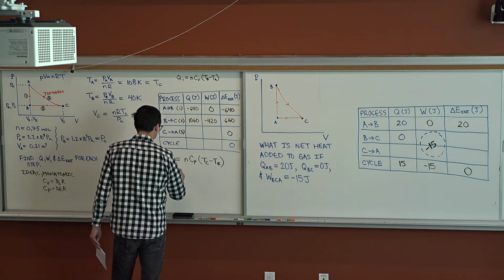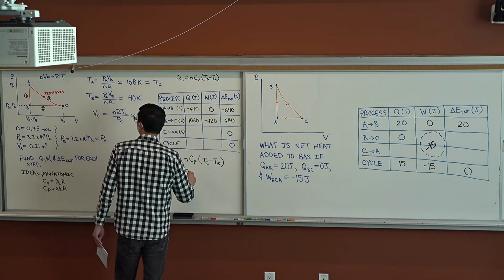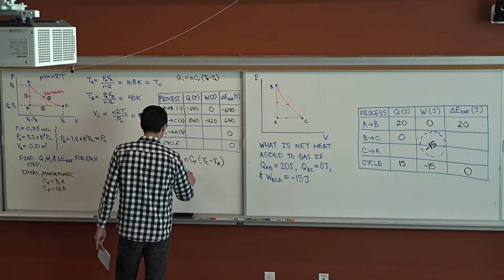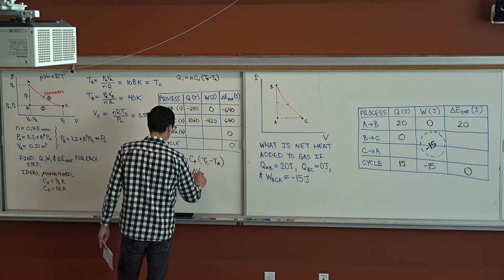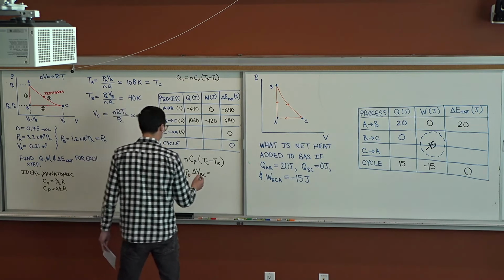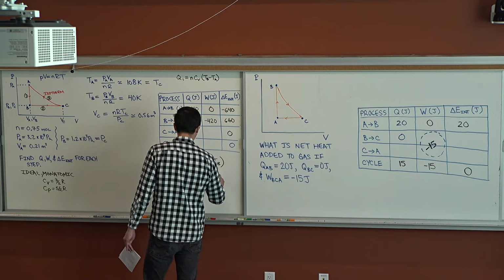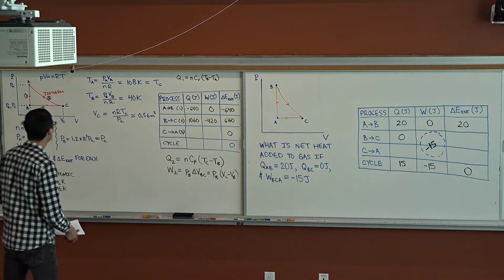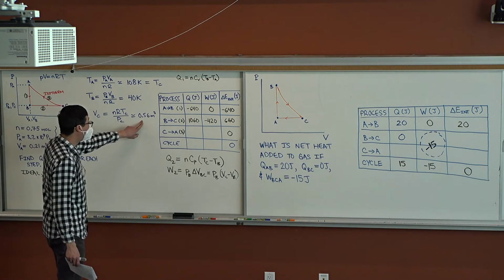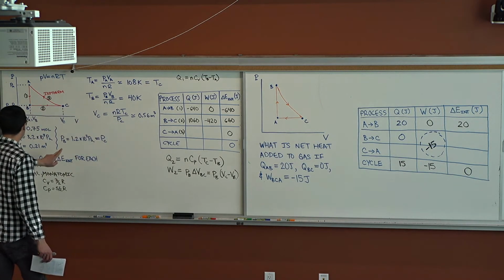W2 is going to be PB times delta V from B to C. And so that's just PB times VC minus VB. So 0.56 cubic meters.